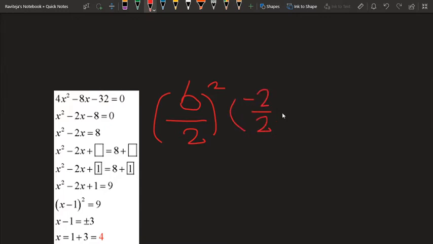So you get negative 2 over 2 squared, which equals negative 1 squared, which results in 1. And as you can see, that is the value we plug into our box. So now we plug in 1 to the boxes on both sides, and we get x squared minus 2x plus 1 equals 8 plus 1, which would lead to x squared minus 2x plus 1 equals 9.